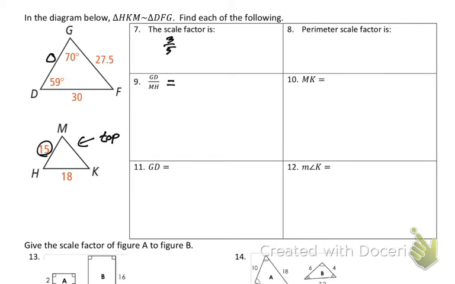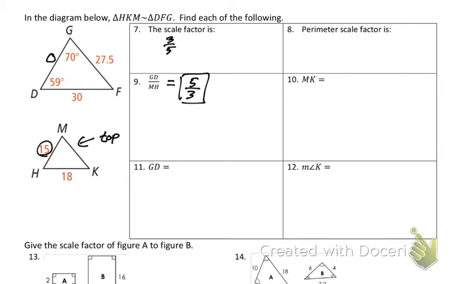GD comes from my bottom one, so I do need to flip this and make this 5 over 3. I know it has to equal that because it has to preserve that ratio. Your job is to realize that that 3 over 5 affects every single side. So if you don't know a missing value, you still know what it has to equal when you simplify it. Okay?